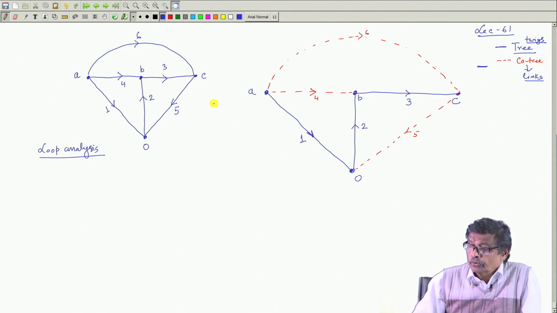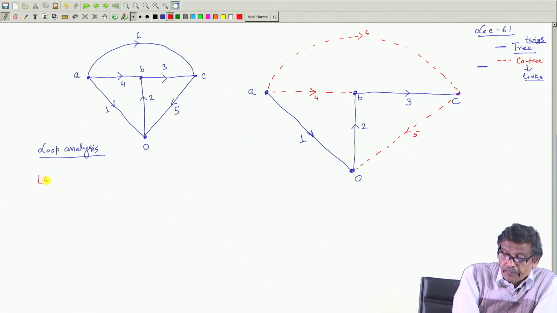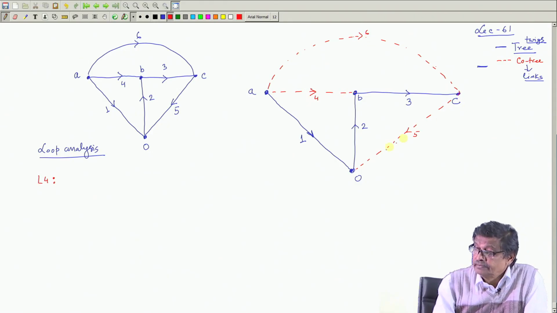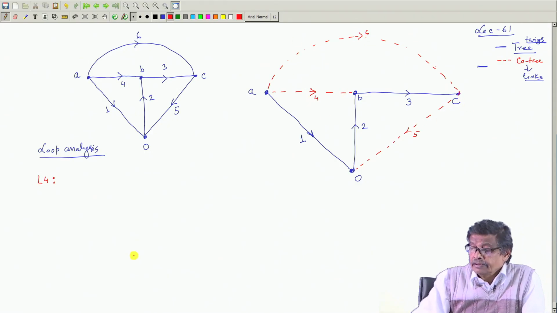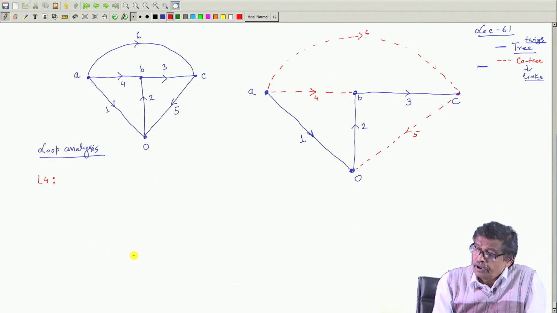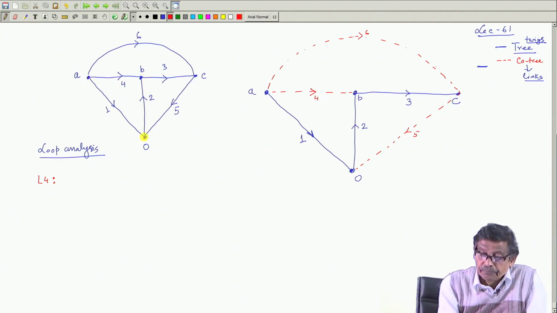Okay. So, 4, 5, 6 are the links. There are 3 links which I will call L4, L5 and L6. Now, suppose I want to write down, if L4 was in place here, what will be the KVL equation in this loop?